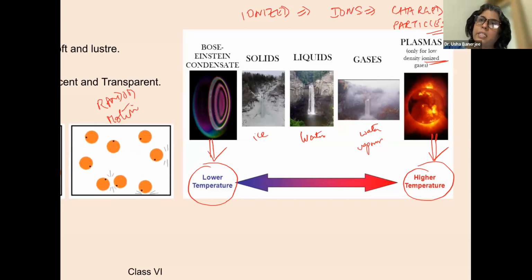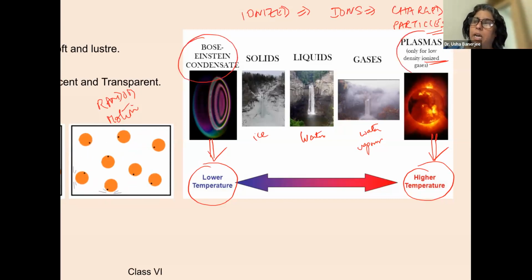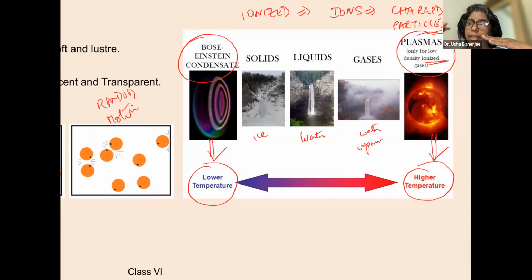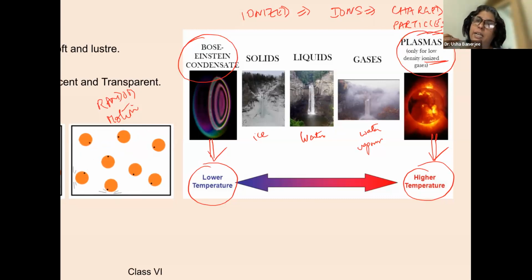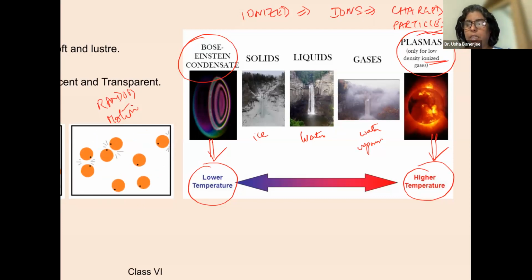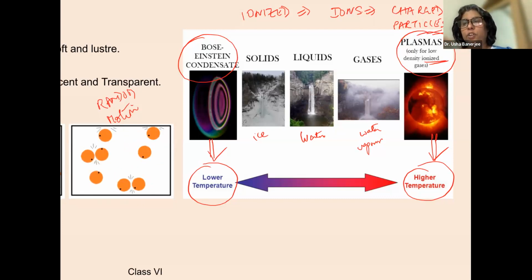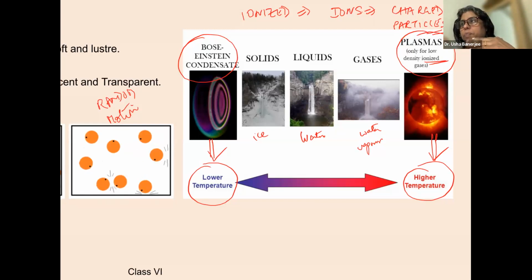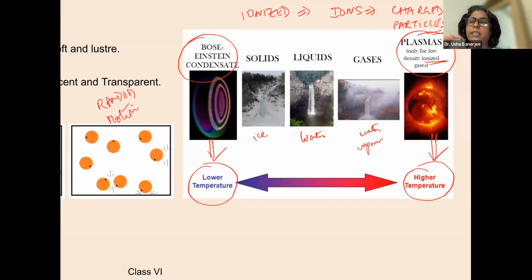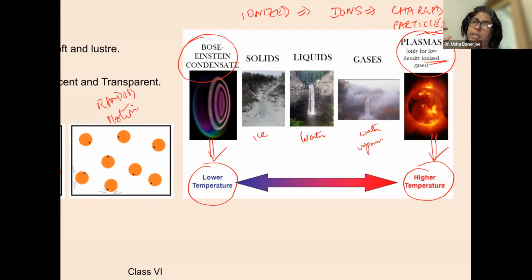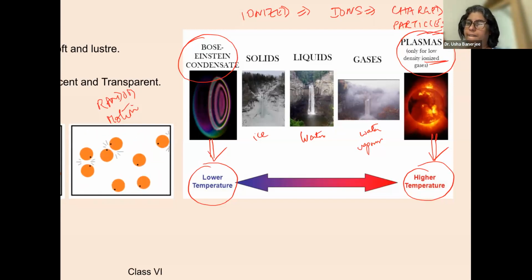So Bose-Einstein condensate and plasma are two special states of matter which do not exist in our daily lives normally. They have to be created in, what should I say, contained facilities. Whereas solids, liquids, and gases are the most commonly occurring states of matter, right?